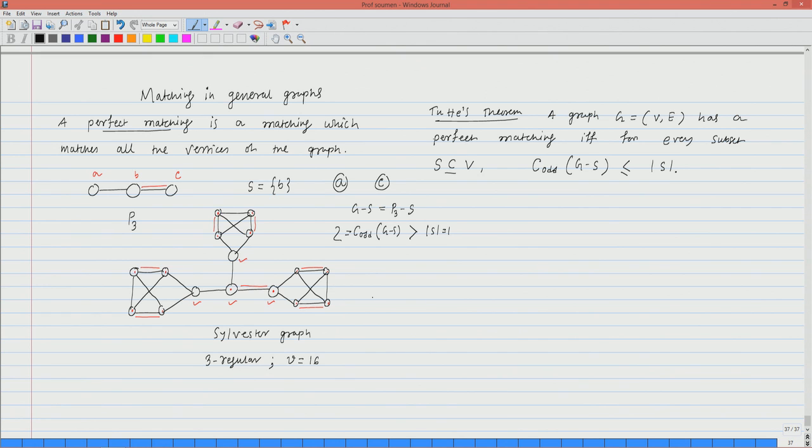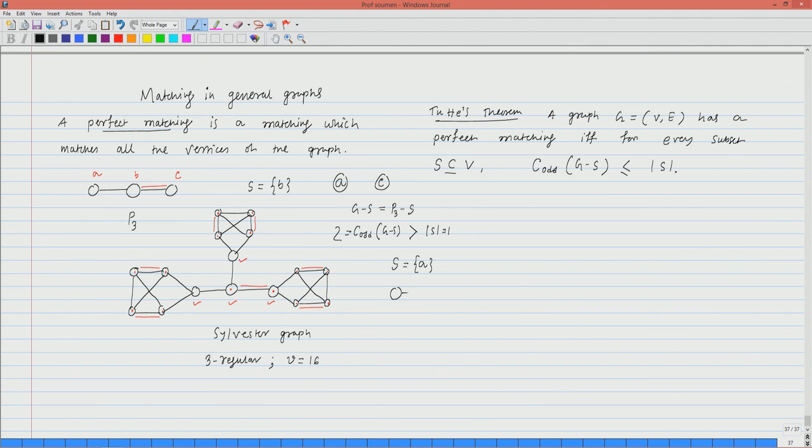Let me explain the same thing. Of course, if you take different subsets, for example, for P3, if you now take S equal to A, then your G minus S is this graph. You are removing vertex A. When you remove vertex A, you remove the vertex A and its adjacent edges also.